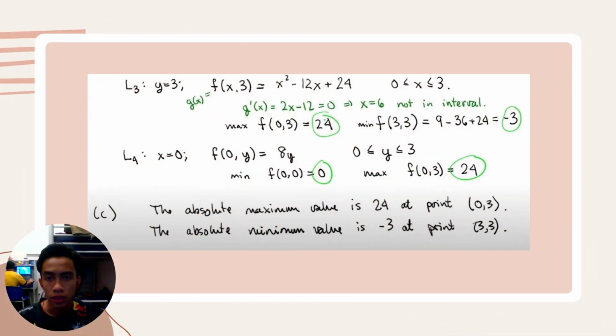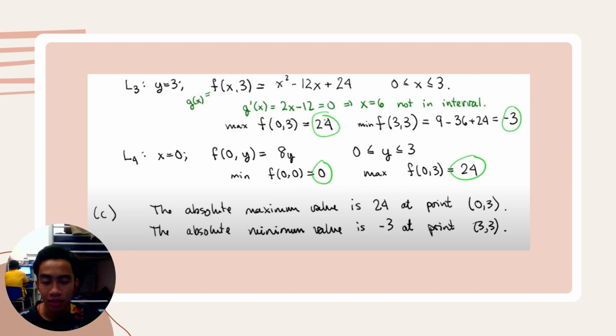So for the L3, which is y equal to 3, we use f(x, 3), which is x to the power of 2 minus 12x plus 24. So x is equal and lower than 3, and at the same time equal to 0 and higher. So the g'(x) we have here is 2x minus 12x equal to 0. x is 6, which is not in the interval.